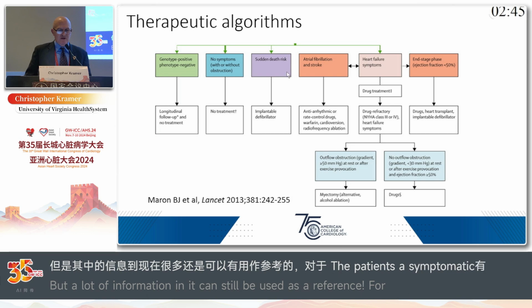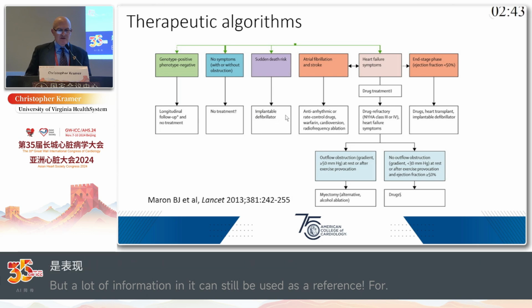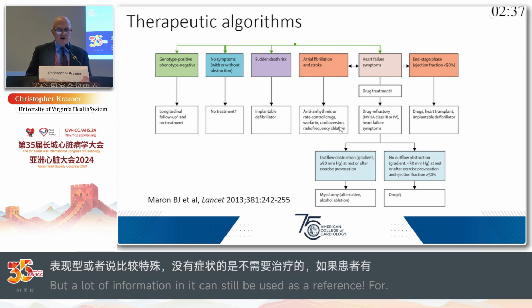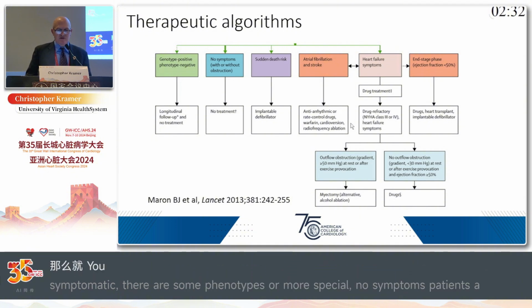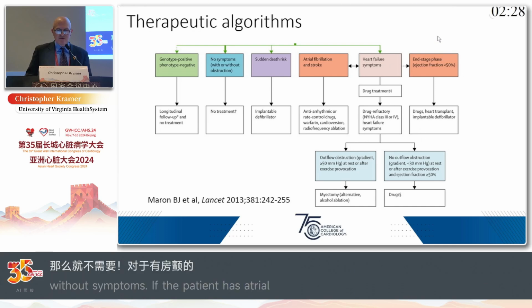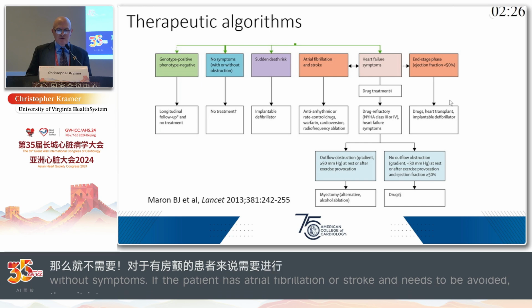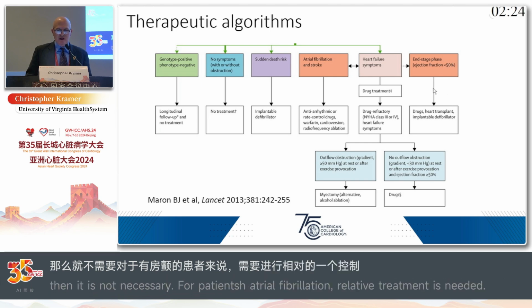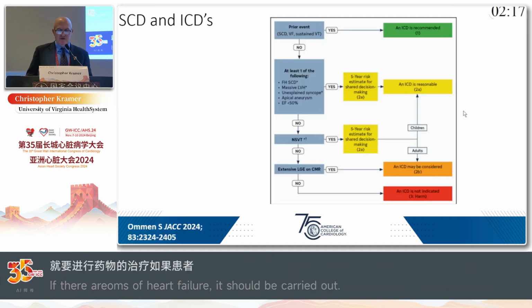We'll talk about sudden cardiac death risk in a moment, ICD indications. AFib and stroke prevention: AFib is the most common morbidity in HCM, and it's treated just like in non-HCM patients with AFib. We've talked about the treatment for outflow tract obstruction, and for patients whose EF is less than 50%, that's considered end-stage phase of HCM, and should be considered for LVAD, heart transplant, etc.